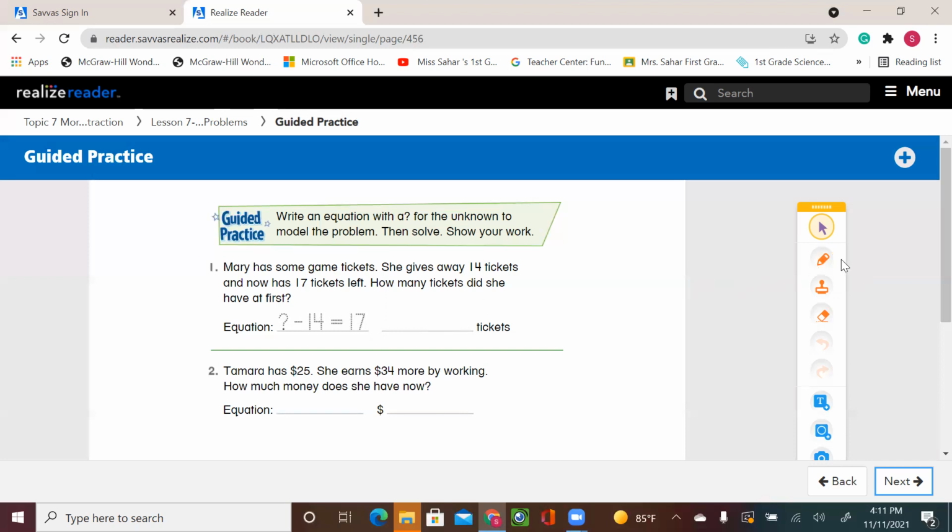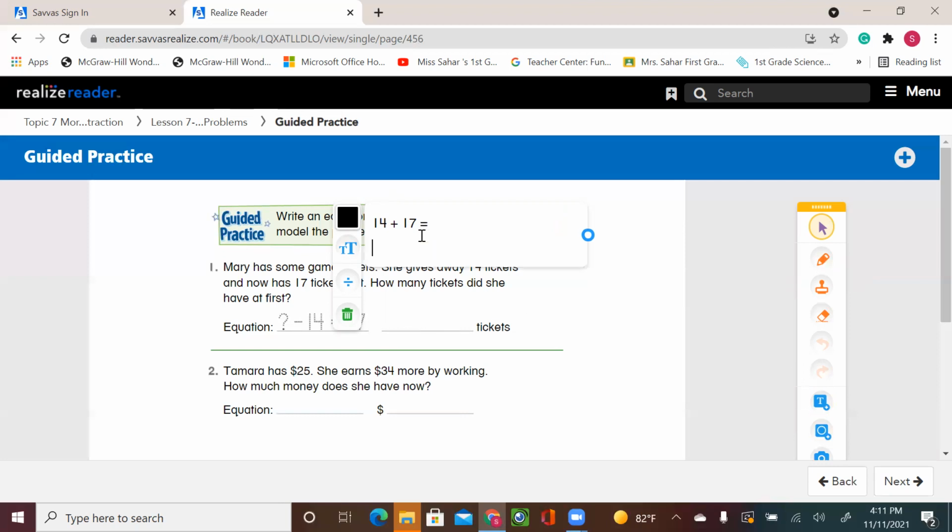So let's see if I add on. Over there, I need to add 14 plus 17. So I can say 14 plus 17 equals. So if I say down 14, how many tens in 17? There is 1 ten. So I'm going to say 14 plus 10 equals 24.